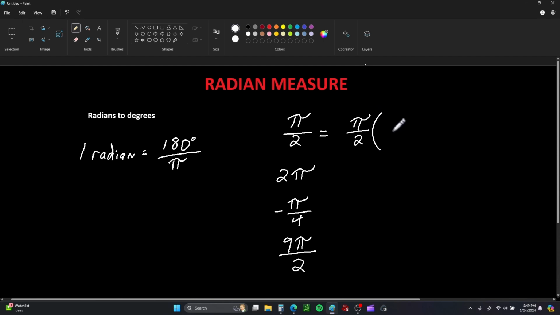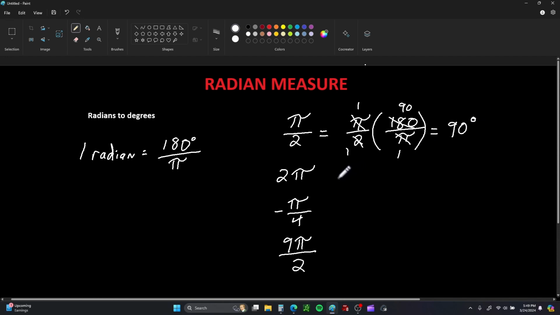Pi over 2 times 180 over pi. Pi is an actual value, not a variable, so pi goes into itself once. Then 2 goes into itself once and 2 goes into 180 90 times. So this becomes 90 degrees.